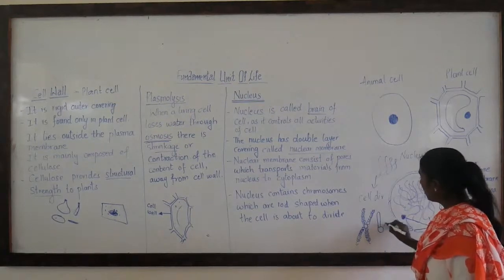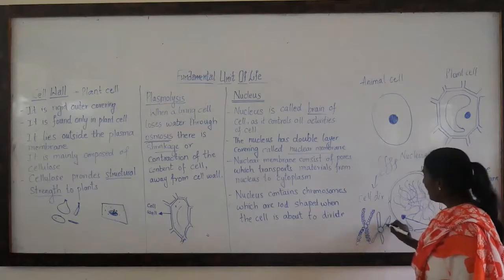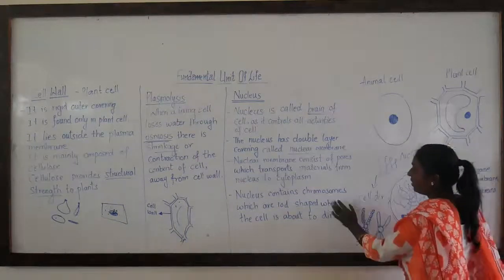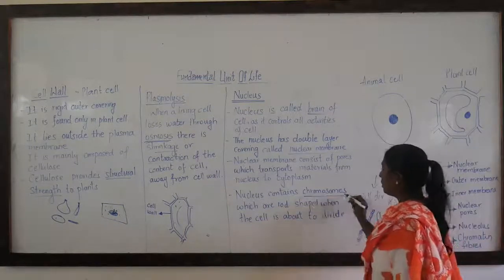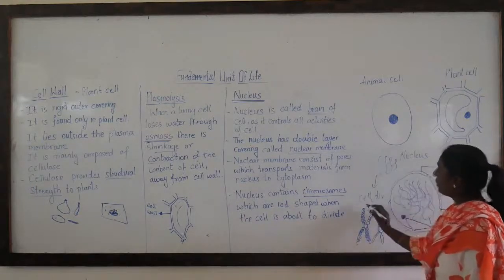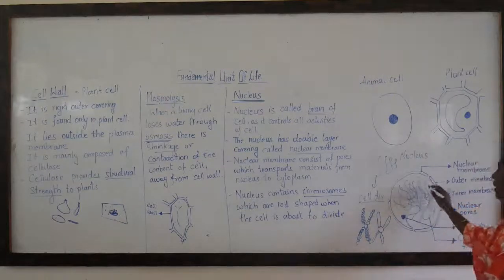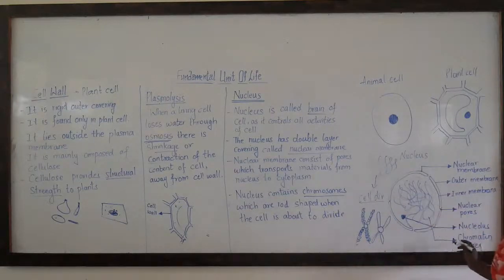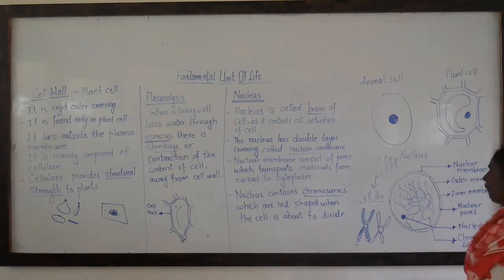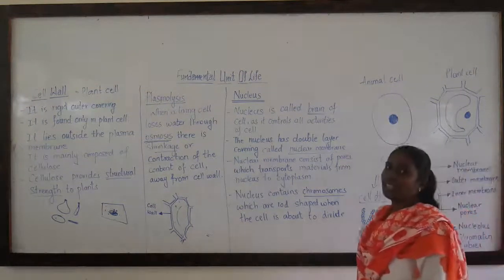You might have seen it, right? So these rod-shaped structures are called chromosomes, and they can only be seen during cell division. During normal time, they are present in the form of thread-like structures, and these thread-like structures are called chromatin fibers. Now we shall study about chromosomes in the next video.